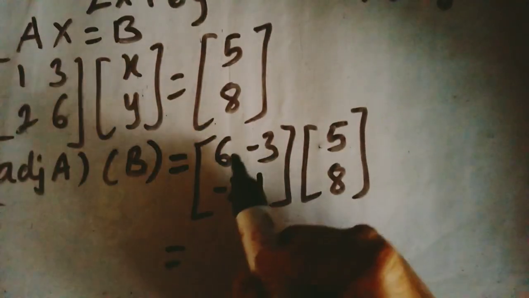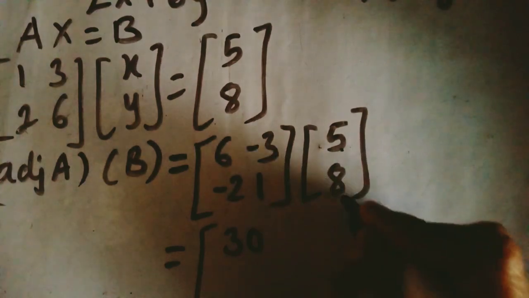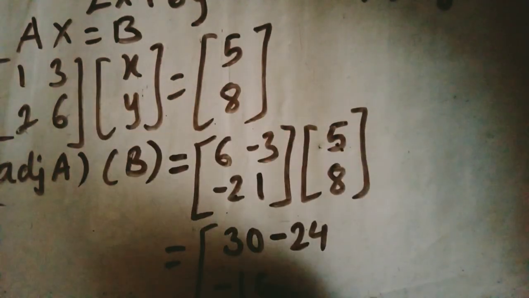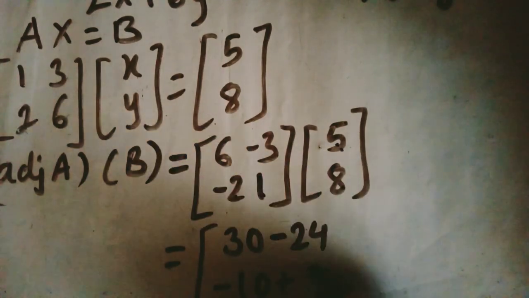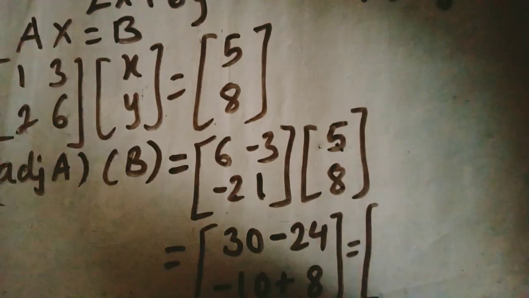That is matrix multiplication: 30 minus 24, and minus 10 plus 8. So this is surely not equal to 0.